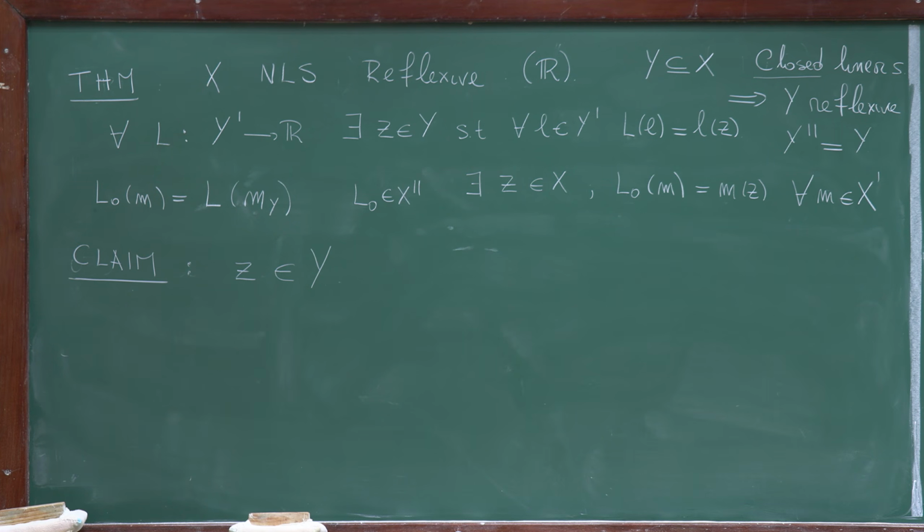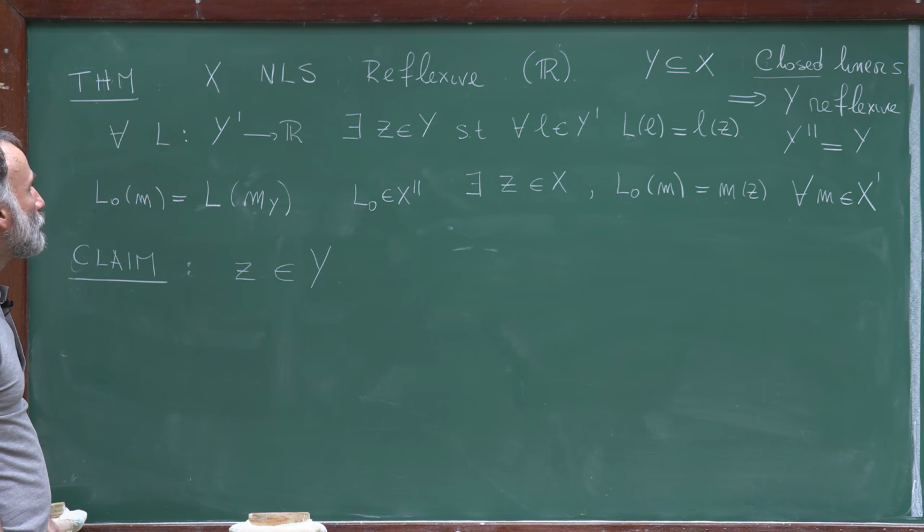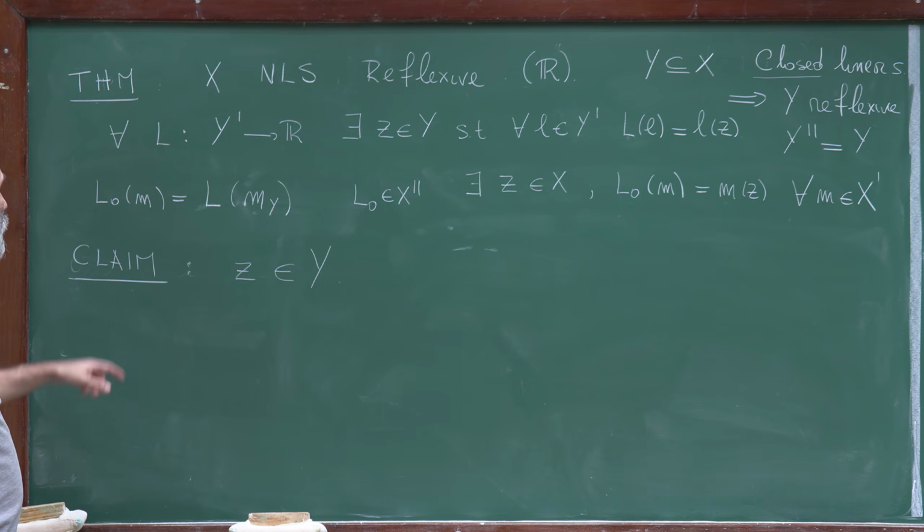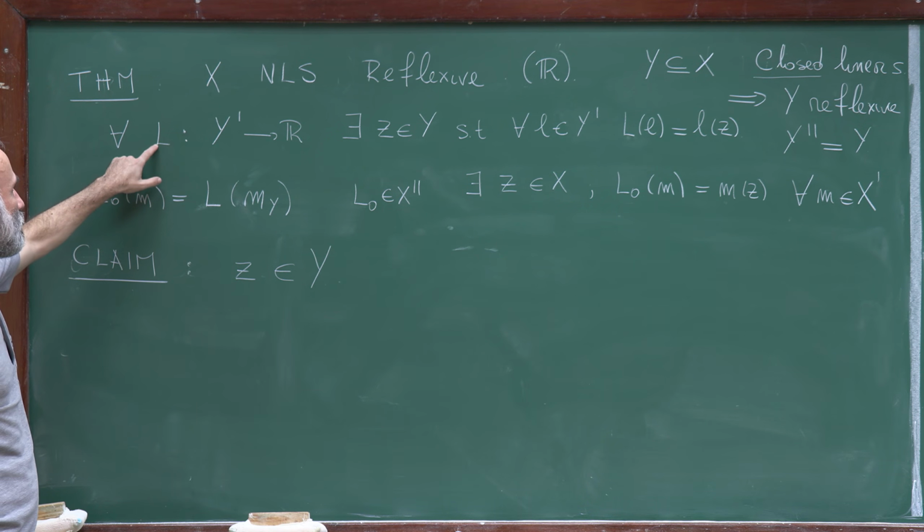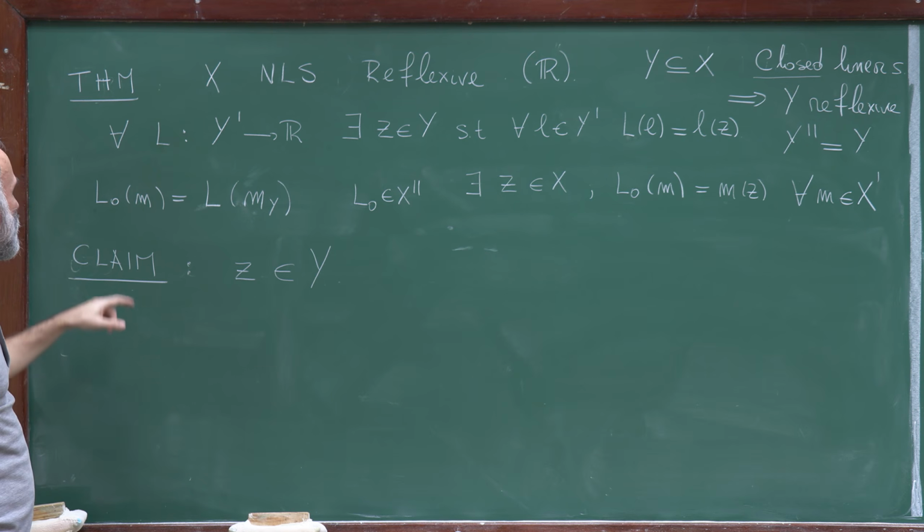So let me summarize what we did already. Well, we defined this functional L0, so we fixed a bounded linear functional L in Y double prime.